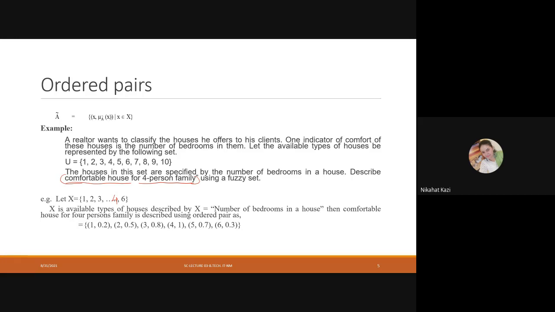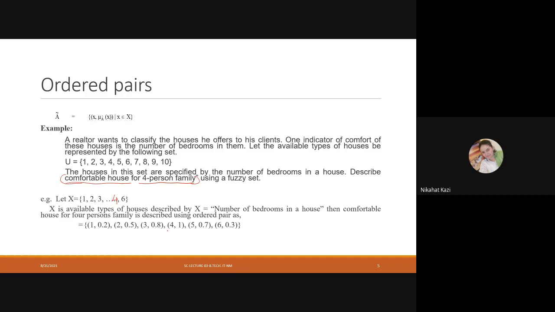Up to 6 you give some membership, and 7, 8, 9, 10 have membership 0 in this set. You are not considering them at all. So that is how you do it.